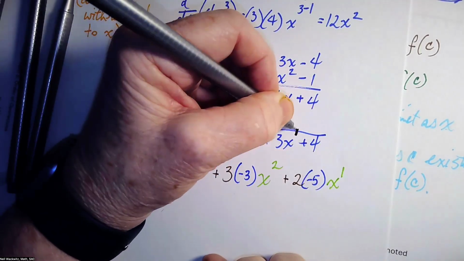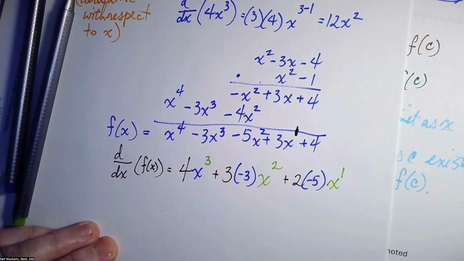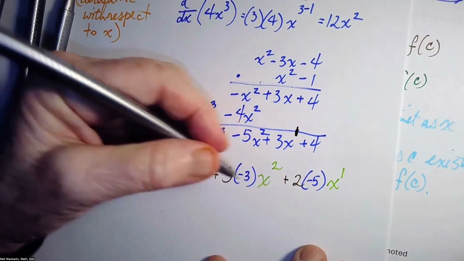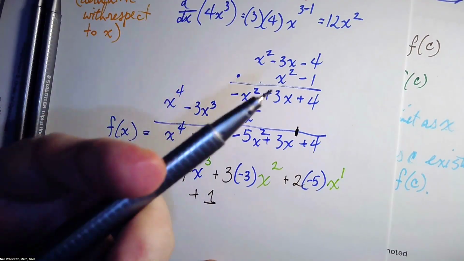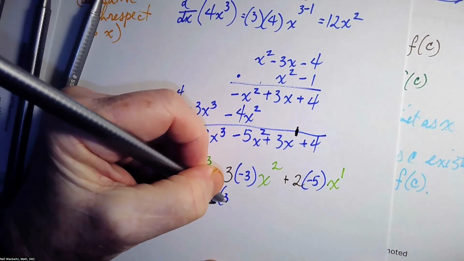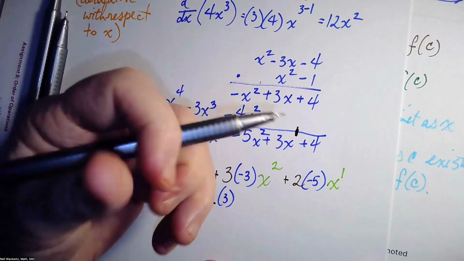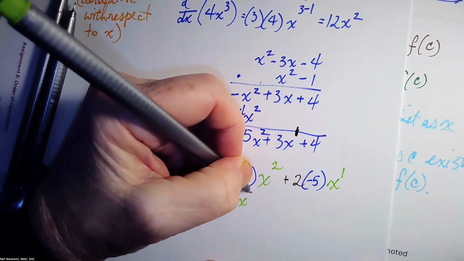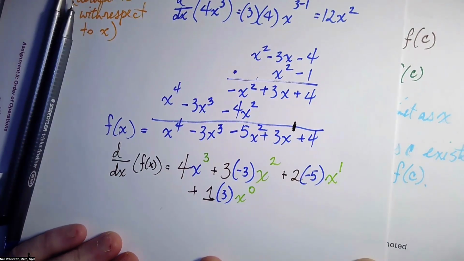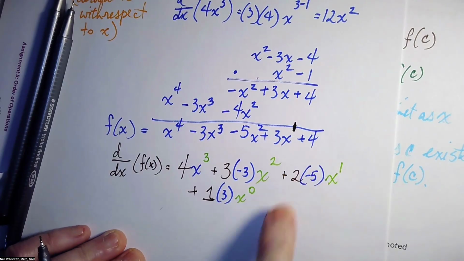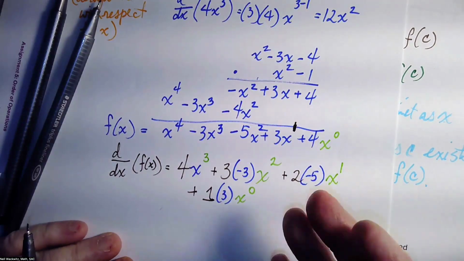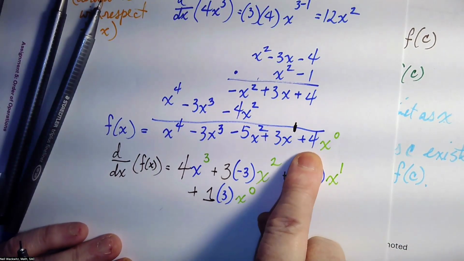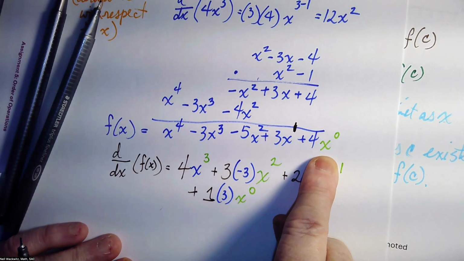Isn't it 1? Yes, right. So we've got plus 1. The coefficient is 3. And we're going to reduce the exponent by 1. And then finally, I'm going to remember that 4 times 1 is the same as 4, and x to the 0 is 1.